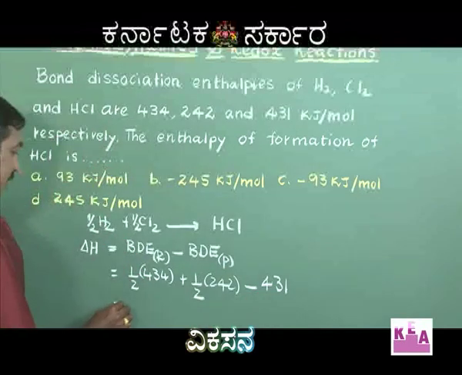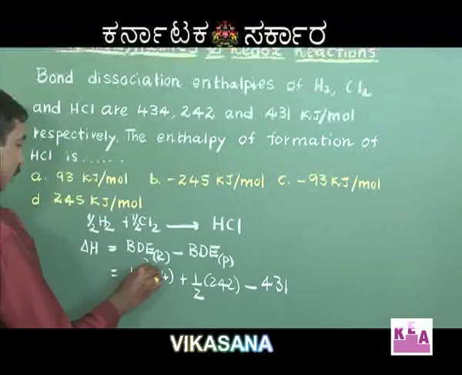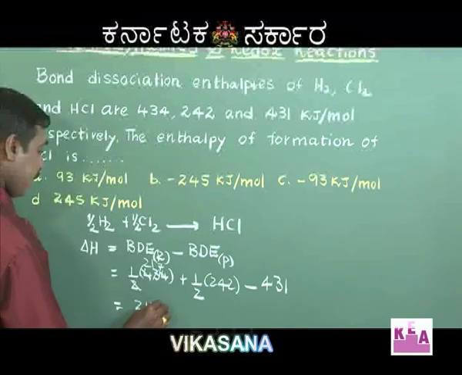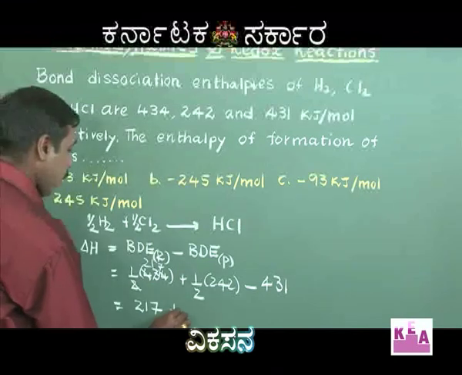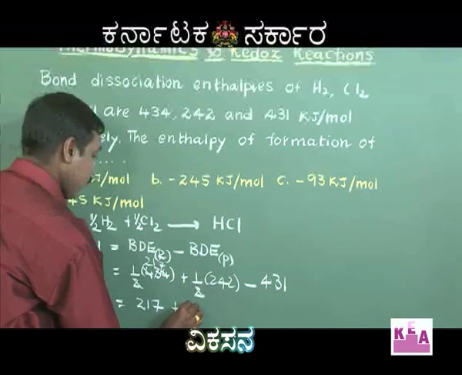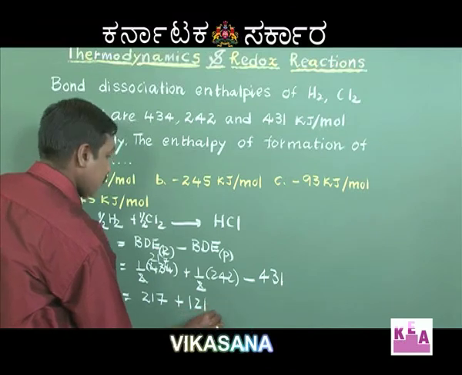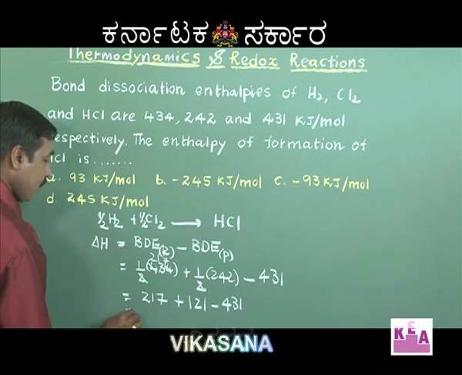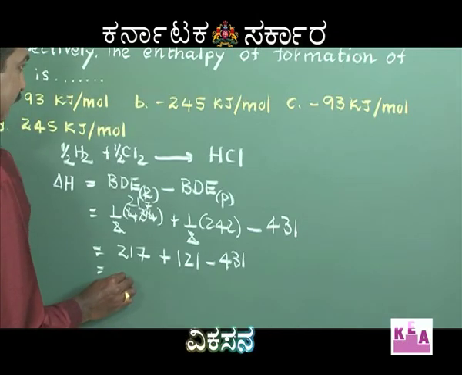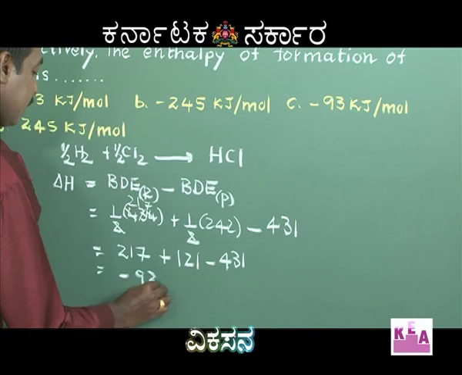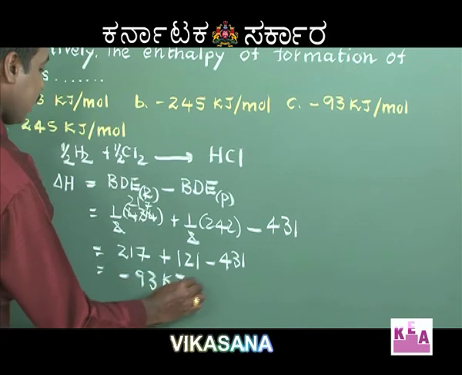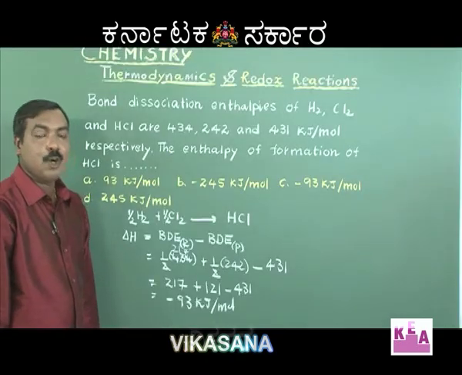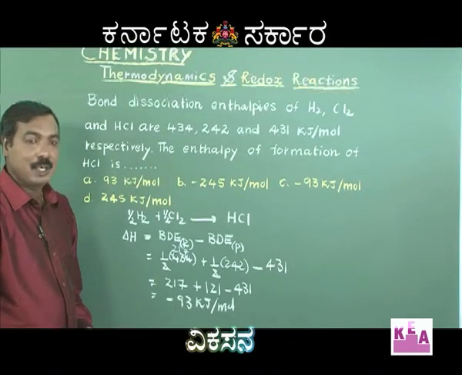On solving this, I get 217 minus 431. Solving this further, I get the answer as minus 93, because the unit was kilojoule per mole. Therefore, the right option is option C, minus 93 kilojoule per mole.